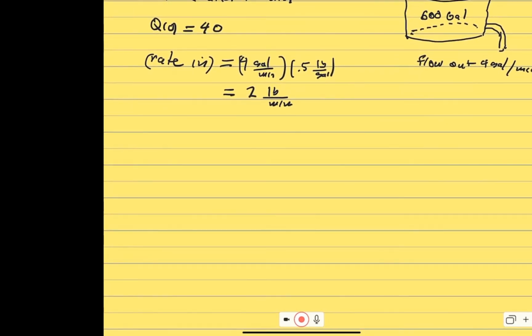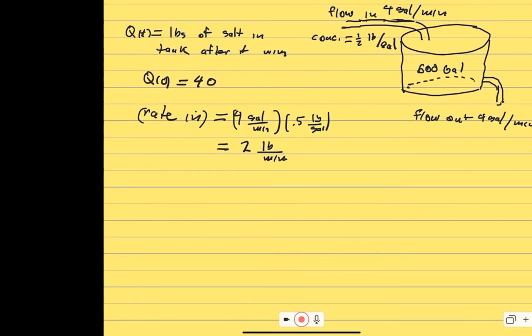All right, now the concentration of salt in the tank is amount over volume, and that is going to be Q over, in this case the volume stays a steady 600, right?